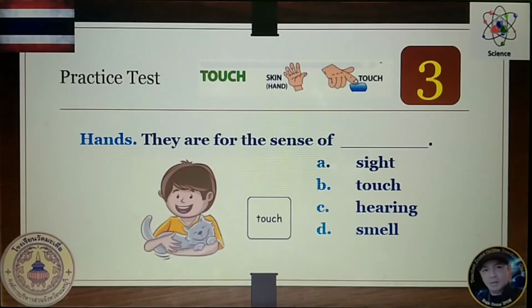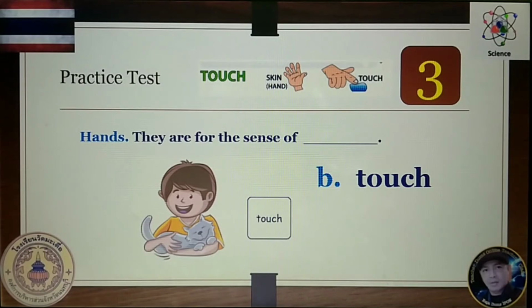Practice test 3. Hands. They are for the sense of A, sight, B, touch, C, hearing, D, smell.